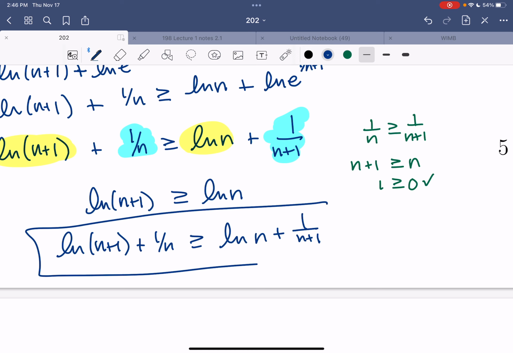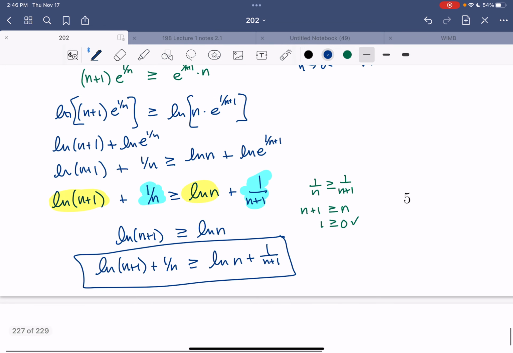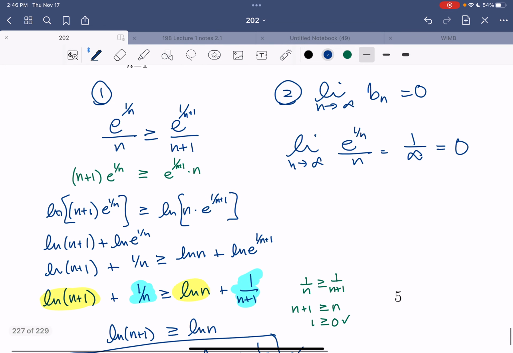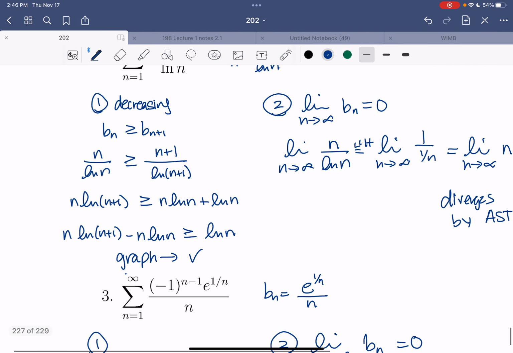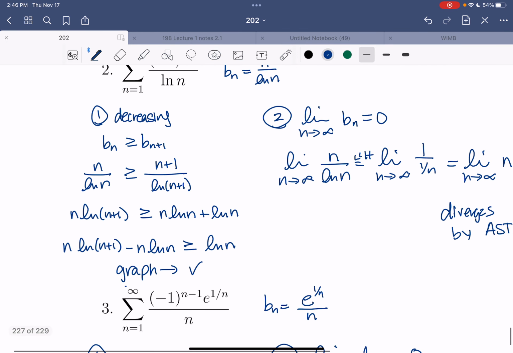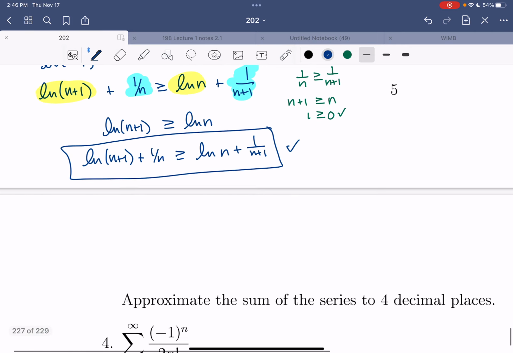So we can get at it that way. Okay. And so therefore it's decreasing. And because the limit is also equal to 0, then this converges by AST. Likely we could do something similar up here if we took the e of both sides. We would likely run into the same kind of thing. I'll try to show you that too in a little bit.